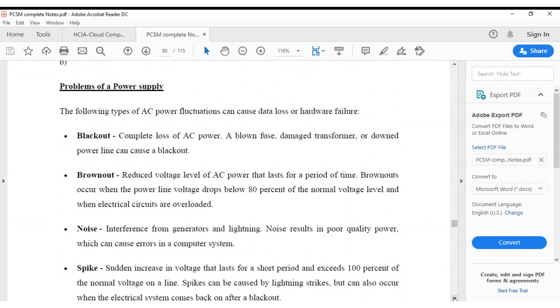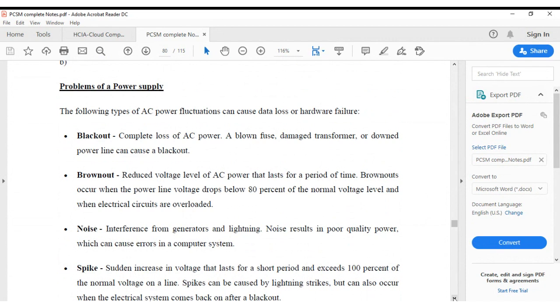Alternating current is not there. That's a problem that can affect the power supply. A blown fuse, damaged transformer, or downed power line can cause a blackout.